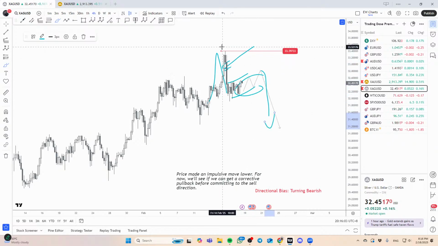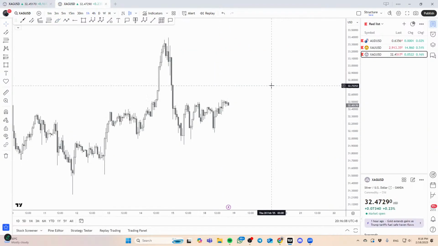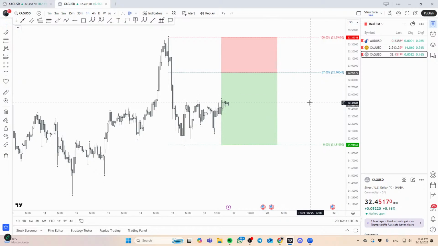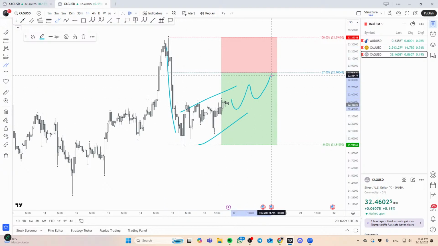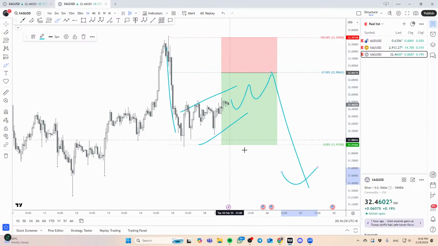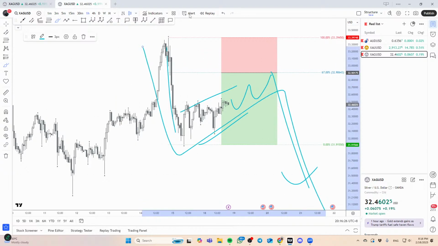We can look to sell it if that's the case. Going down to the low time frame, you can see this setup is really lacking that element. It's just a very straightforward impulse correction, and then we'll start to look for a sell to give us the expectation of a three-wave.